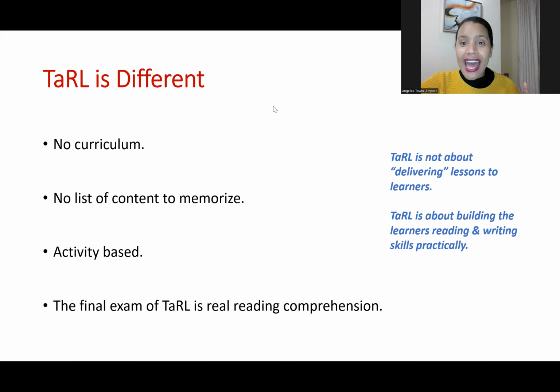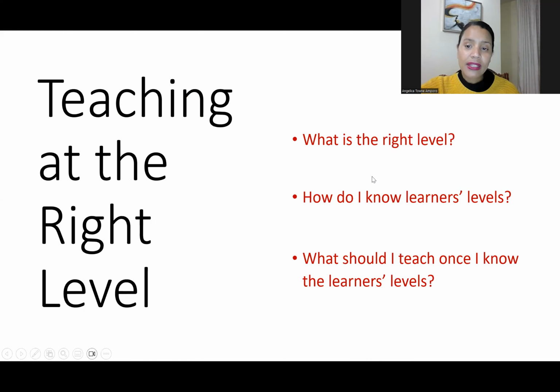TaRL is about activity-based instruction and building the skills of learners practically to be able to read and write. And the only assessment is the assessment of our leveling tool to see, can they read and understand those stories?